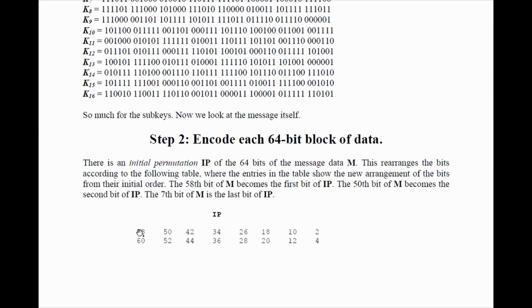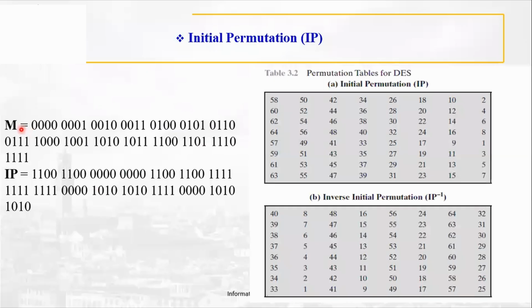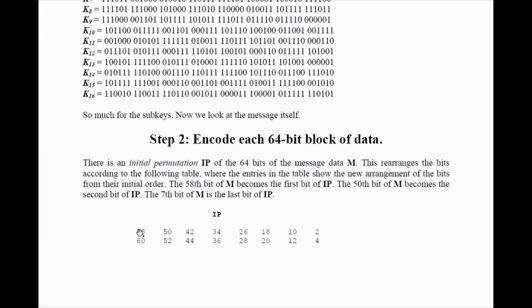IP says 58 is the first entry in the matrix. That means in the original message M, you have to find the 58th bit, and that 58th bit you have to bring to the first location. So that is the meaning of this matrix.